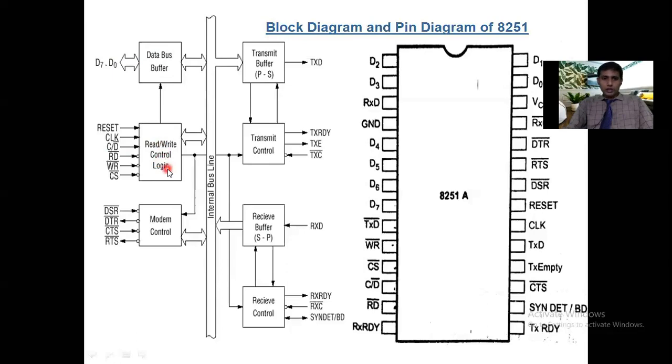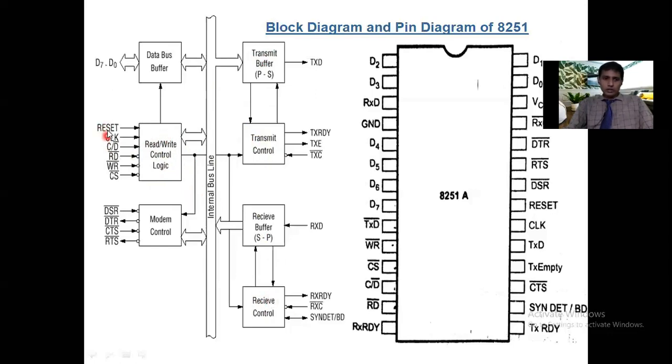This read-write control logic controls the transmitter buffer as well as the receiver buffer. Here, if you observe, the read-write control logic is connected to the internal bus, and also connected to the transmit control as well as the receiver control. So both the transmission section and the receiver section are controlled by the read-write control logic, and this read-write control logic is controlled by the processor. Based on the processor commands, the read-write control logic controls the transmitter control operation as well as the receiver control operation.